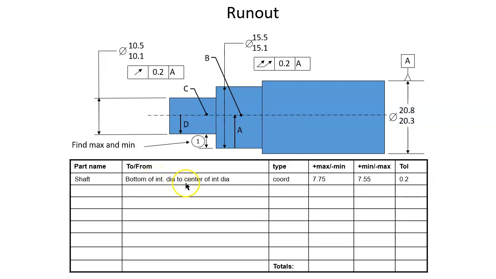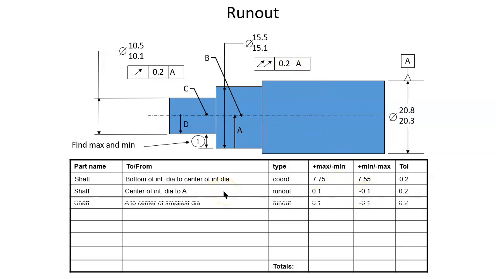Bottom of the intermediate diameter to the center of the intermediate diameter, positive direction, going halfway through the 15.1 to 15.5. Always kind of a pain to divide by 2. So max 7.75, min 7.55. And then from the center of the intermediate diameter, we go to datum A using this runout. With runout, you put half in each column, positive in the left, negative in the right.